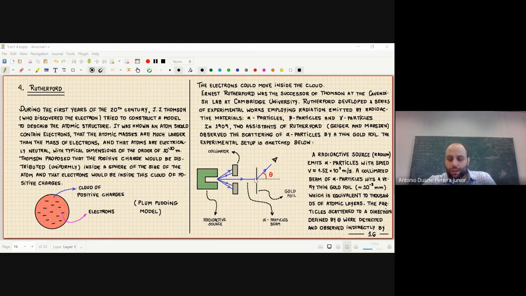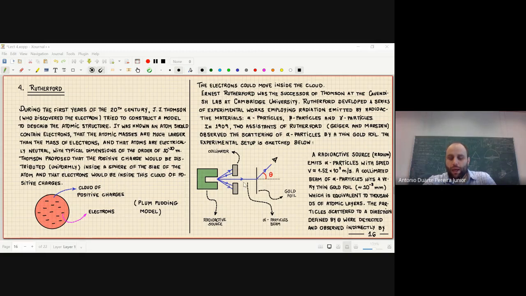So you are hitting the gold foil with these beams of photons, and as we just understood by the Compton effect, this beam will be deflected, will be scattered to some direction, and I can place a detector to tell me in which direction this beam was scattered.